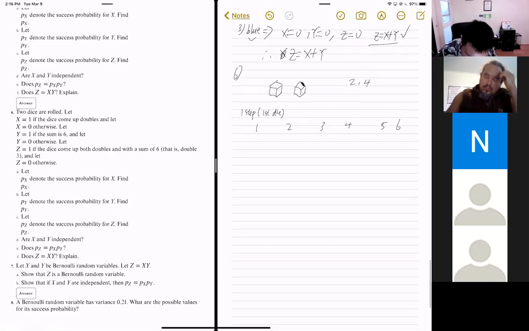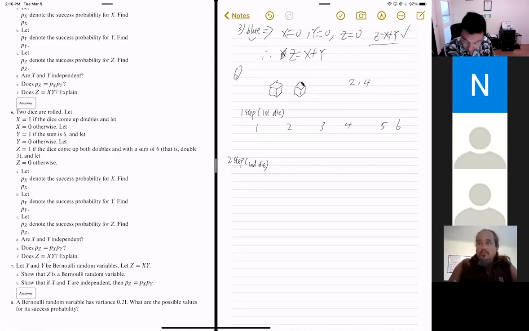And the second step is the number for the second die. Then, how many possible outcomes? When the first one is 1, the second one could be 1, 2, 3, 4, 5, and 6. When the first one is 2, we also have 6.